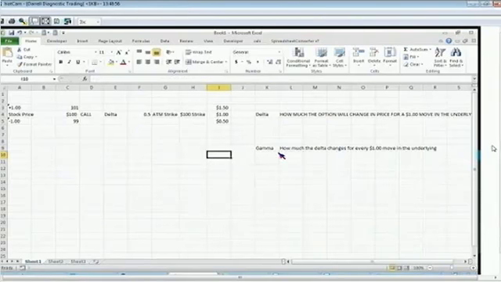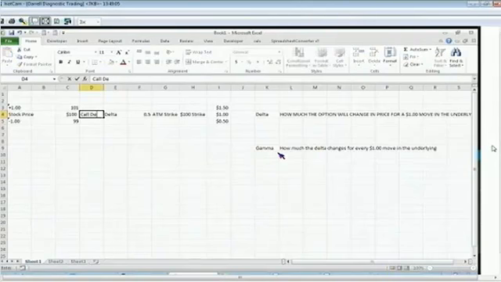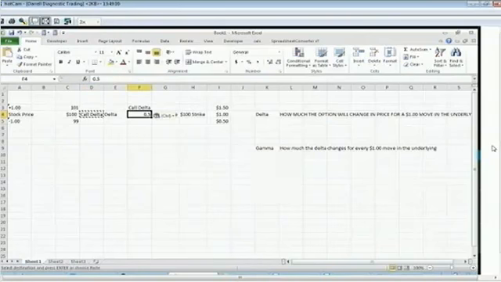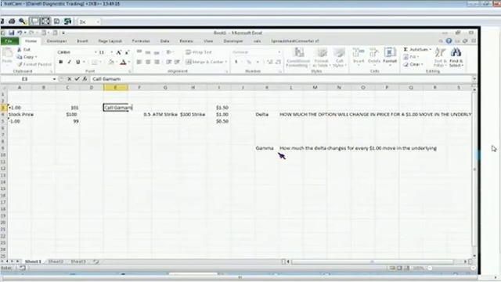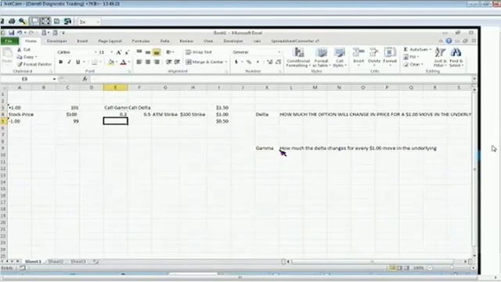So, if we go over here and we had a 0.5 delta, but let's say at the same time we had a gamma of 0.2. Okay? So there's our gamma, and there's our delta.